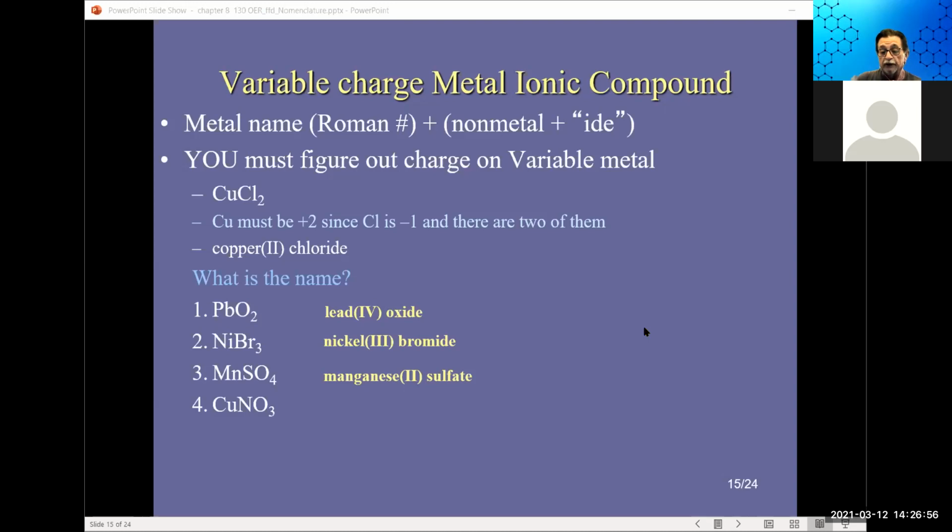Go to the table, we find that NO3 is the nitrate ion, and it has a -1 charge. So we got copper plus a -1 is equal to 0. That means that copper here must be a +1. And so we're using Roman numeral I, or 1, for the name. So we got copper, Roman numeral 1, nitrate.